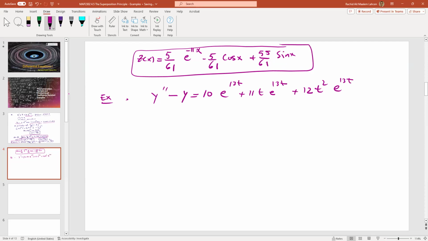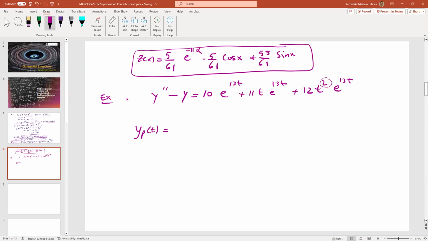This one is just to practice how to write that particular solution, because you may run into some tedious cases, especially if you're trying to get the first and second derivative and substitute on all that. So the goal here is to look at each one. It looks like this is the highest for the polynomials, and we have constants, so I will use the other form for the particular solution.